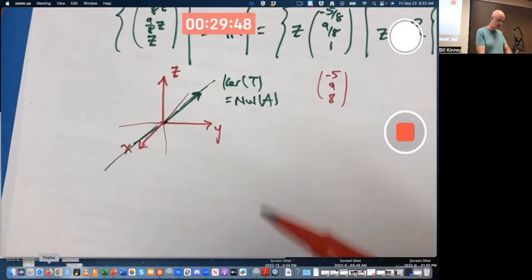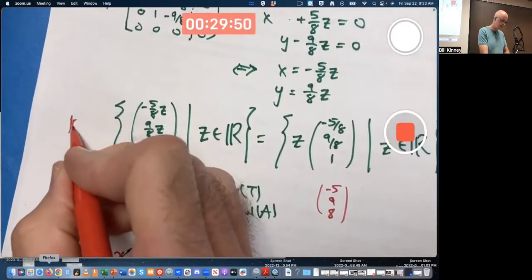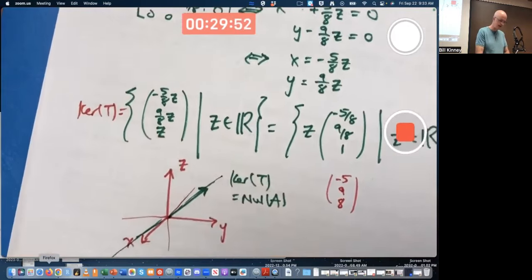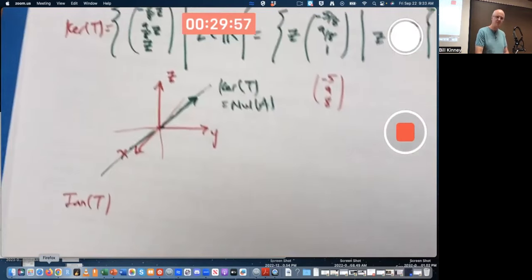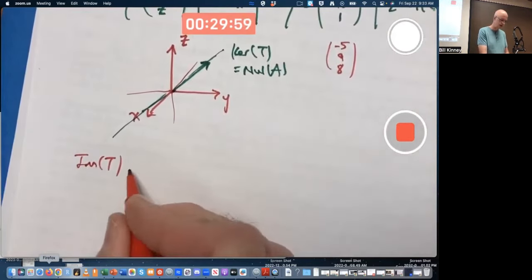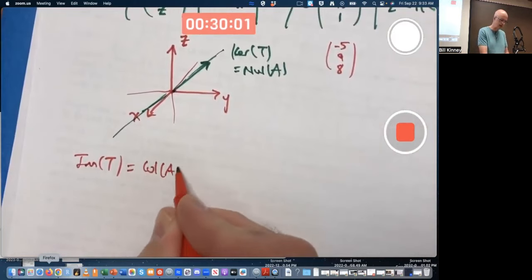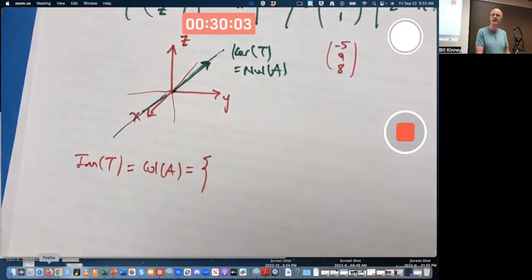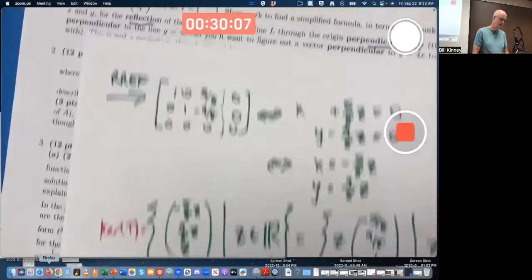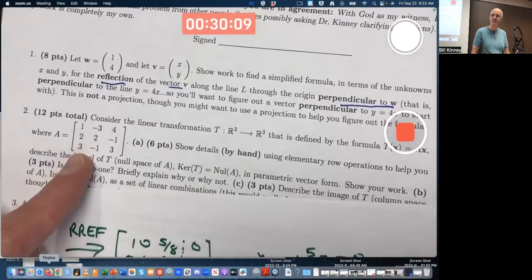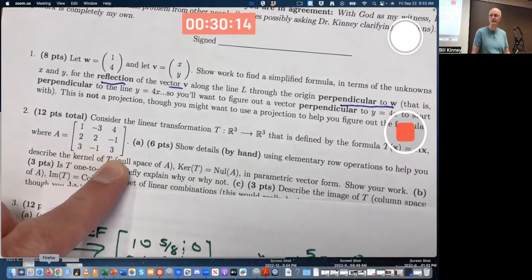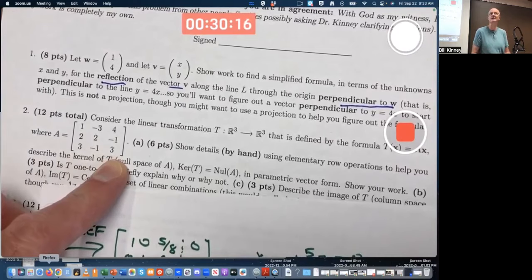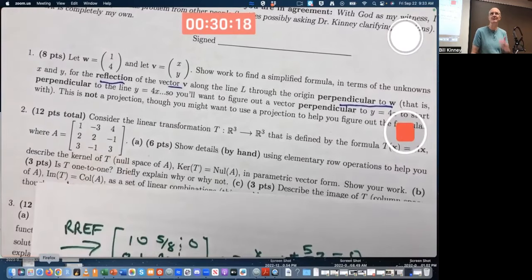So this was the kernel of T, or the null space of A. The image of T, also the column space of A, by definition is the set of all linear combinations of the columns of A. An arbitrary scalar times the first column plus an arbitrary scalar times the second column plus an arbitrary scalar times the third column. That's what the column space and image is.